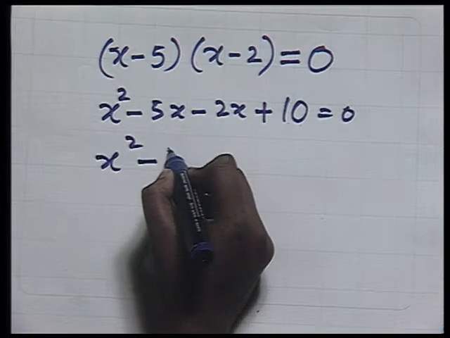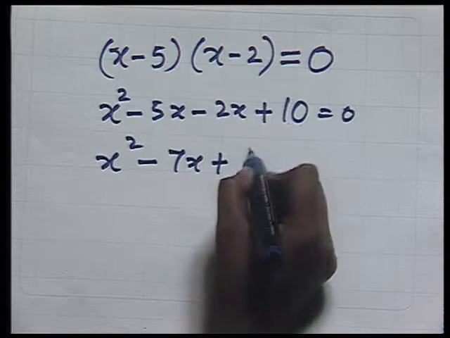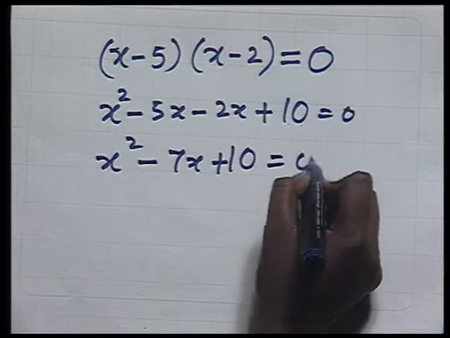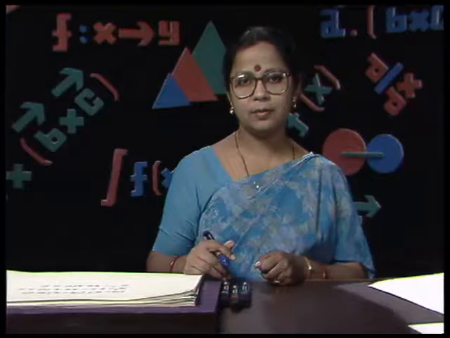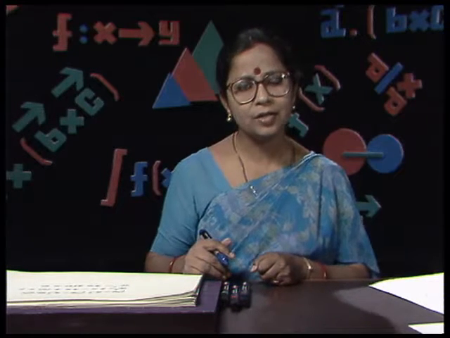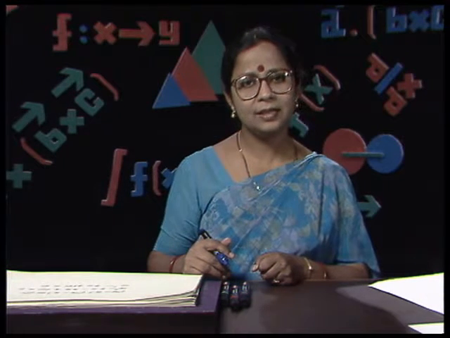Hence, the equation is x square minus 7x plus 10 equal to 0. But can we obtain these equations by any shortcut method?